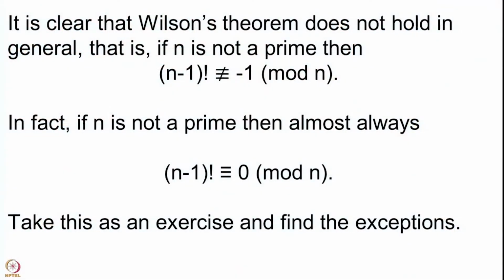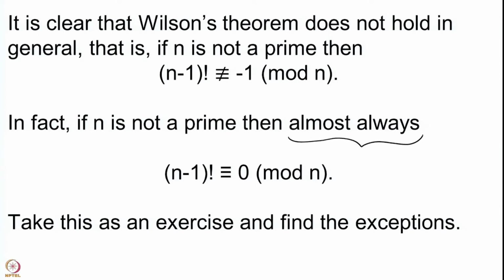This is something that always holds except 1 or 2 exceptions. So, I will now give this to you as an exercise. I will not give you the solution, neither will I give you any hint to solve this problem. Take this as an exercise and find the exceptions. By exceptions I mean the situations where you do not have it to be 0 mod n. So, almost always is not the same as always.